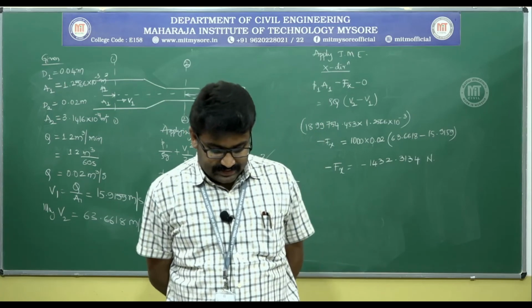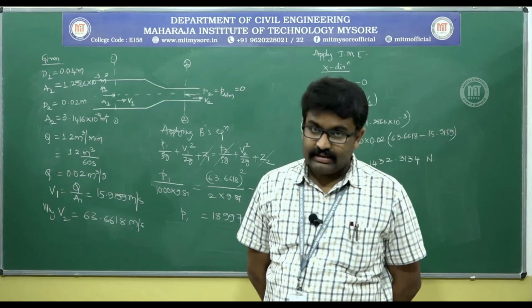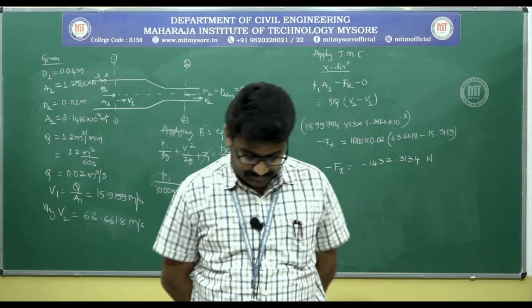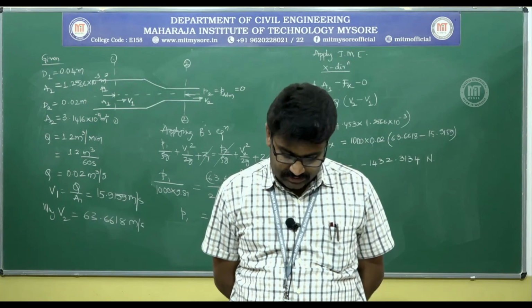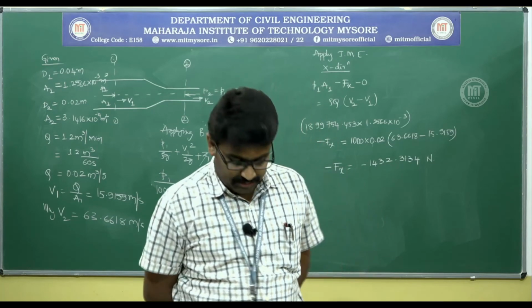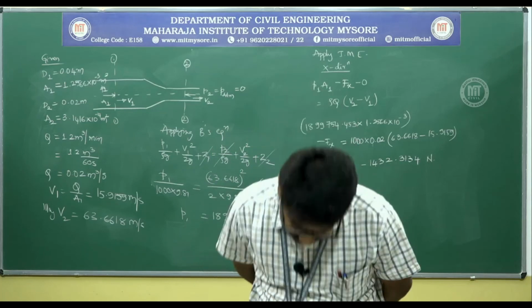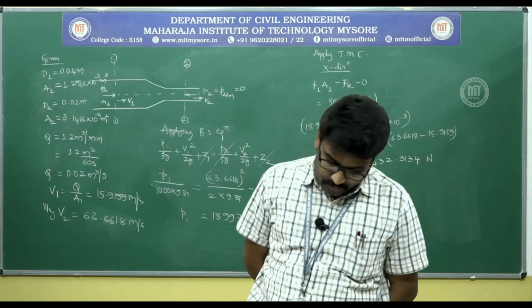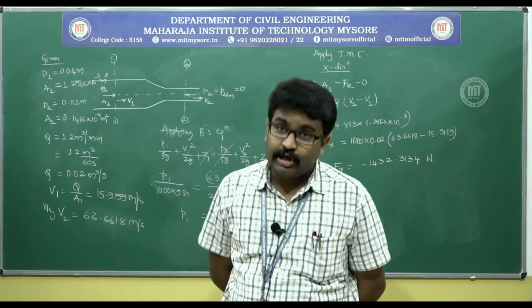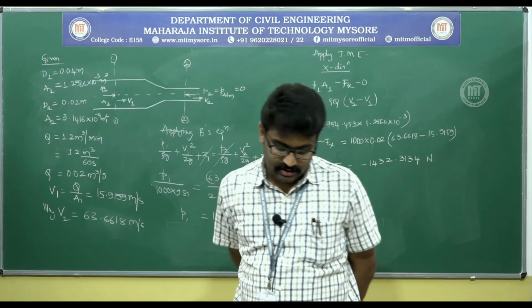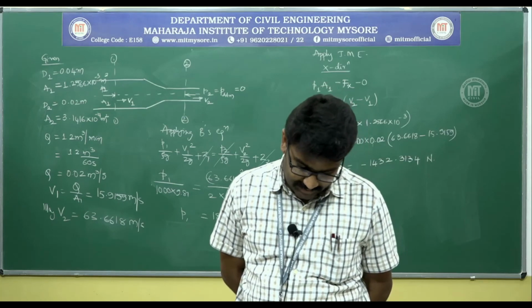The pressure intensity at the center of 1 meter section is 7.148 kilonewton per meter square.